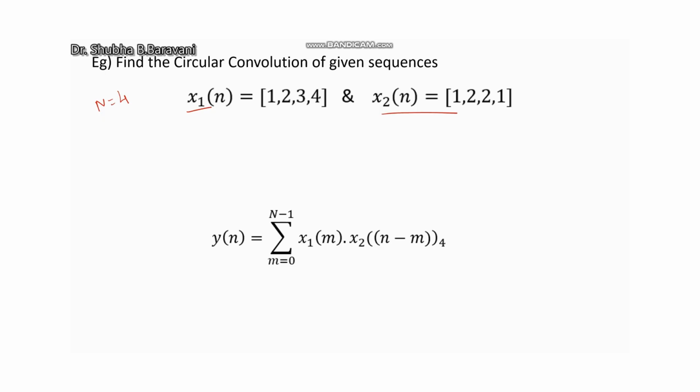The formula of circular convolution, as I said, is y of n equals summation m equal to 0 to N minus 1 x1 of m into x2 of n minus m to base N. So here for this example, capital N is 4. Therefore, I have substituted 4 here.